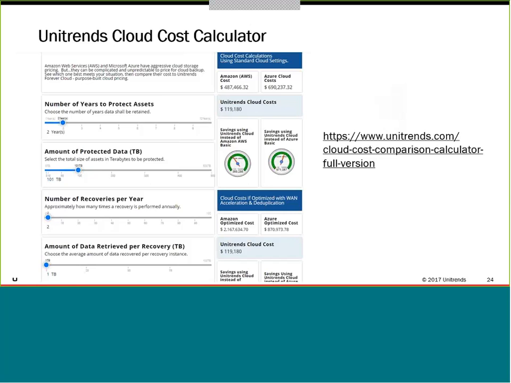And then you'll see here the cost of Unitrends versus Amazon versus Azure. I set this for a larger environment, and again, you can see that Unitrends is 1/6 the cost of Azure, 1/4 the cost of Amazon Web Services. So I invite you to go and do this and see for yourself how much less expensive it is to use Unitrends Recovery Cloud.